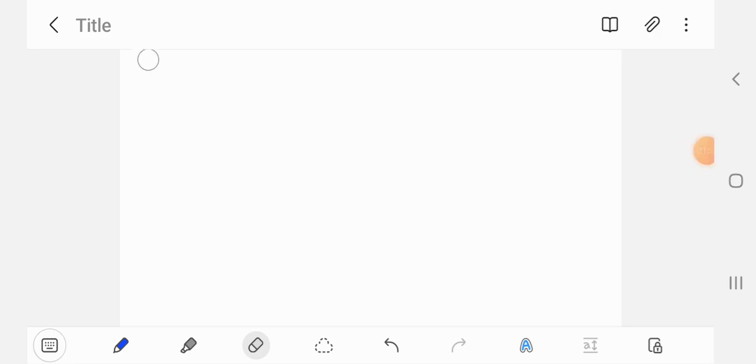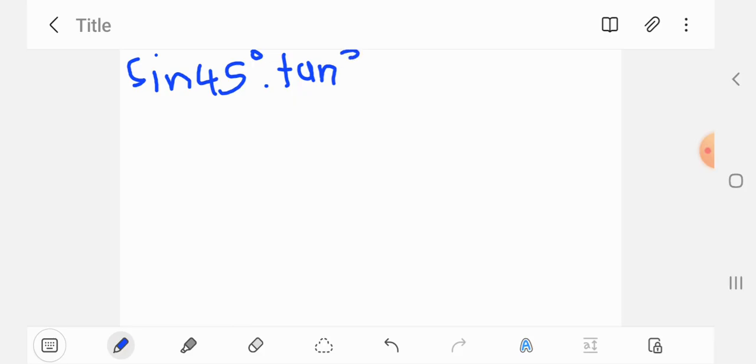Here we have sine 45 degrees times tan squared 60, plus sine 30 degrees, all over cos 45 degrees.